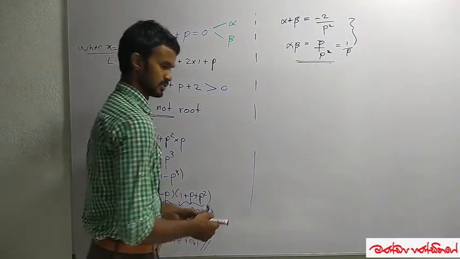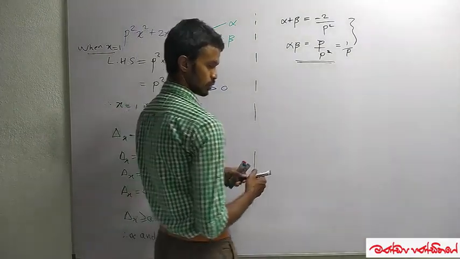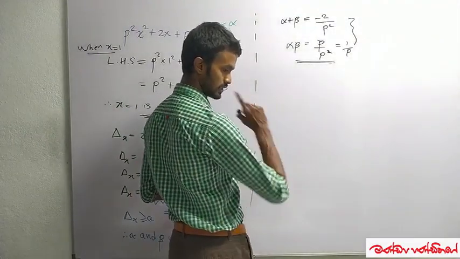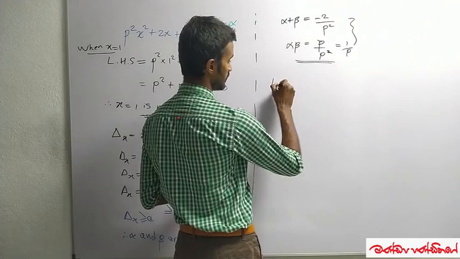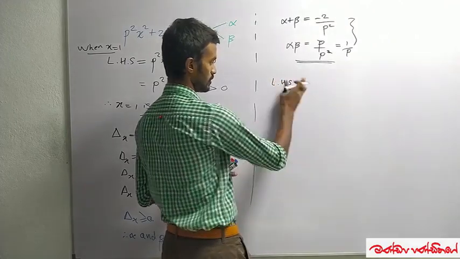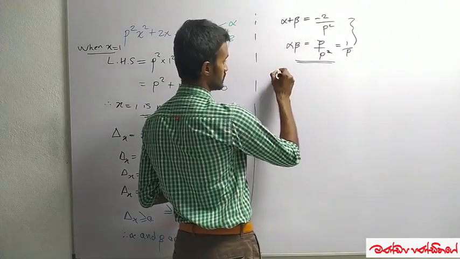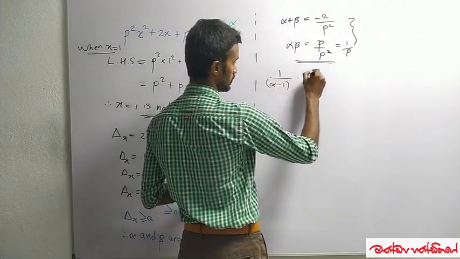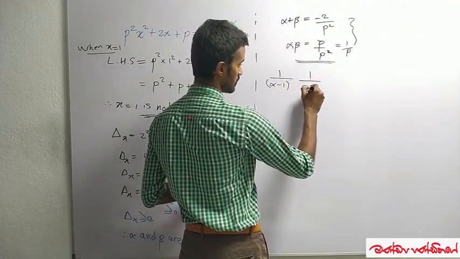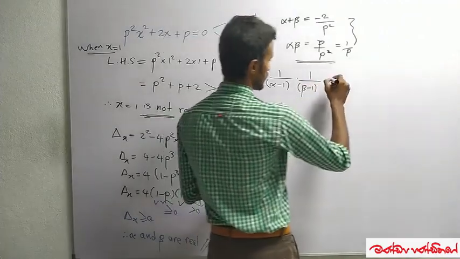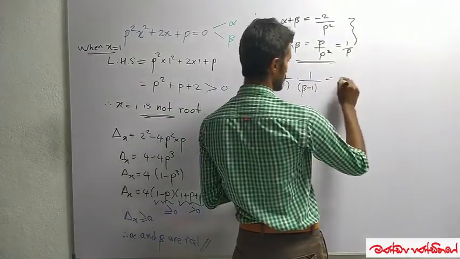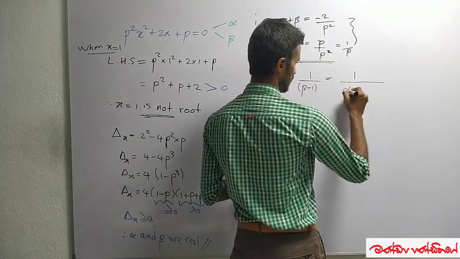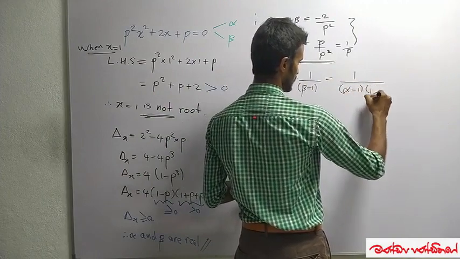Okay. And they are asking us to show this one. So I'm taking the left hand side and simplifying it: 1 over alpha minus 1 times 1 over beta minus 1. This is equal to 1 over alpha minus 1 times beta minus 1.